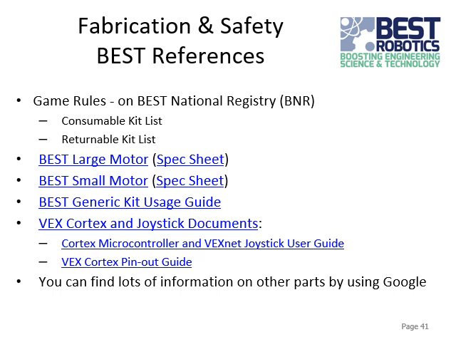Best has a generic kit usage guide that can be pretty useful, so check that out. That might also be on the registry, I'm not sure. And then there's some other documentation for the VEX Cortex and joysticks. There's the user guide, and there's a pinout guide for the Cortex, and those are both useful to have also.